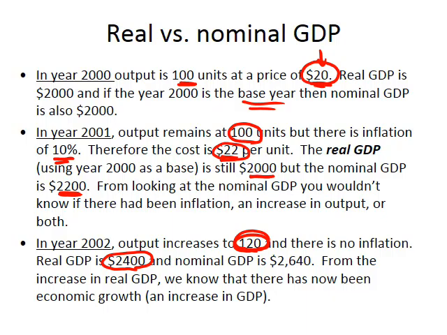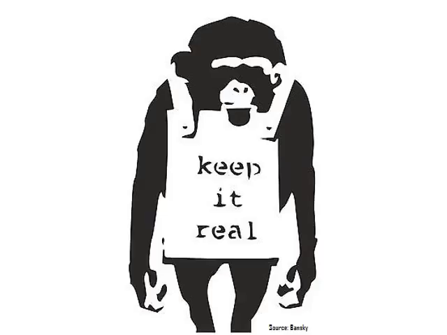From the increase in real GDP, and only from the increase in real GDP, we know that there's now been economic growth, or an increase in GDP. So keep it real. That's basically what most data is presented in, so that you can make comparisons from year to year regarding output.